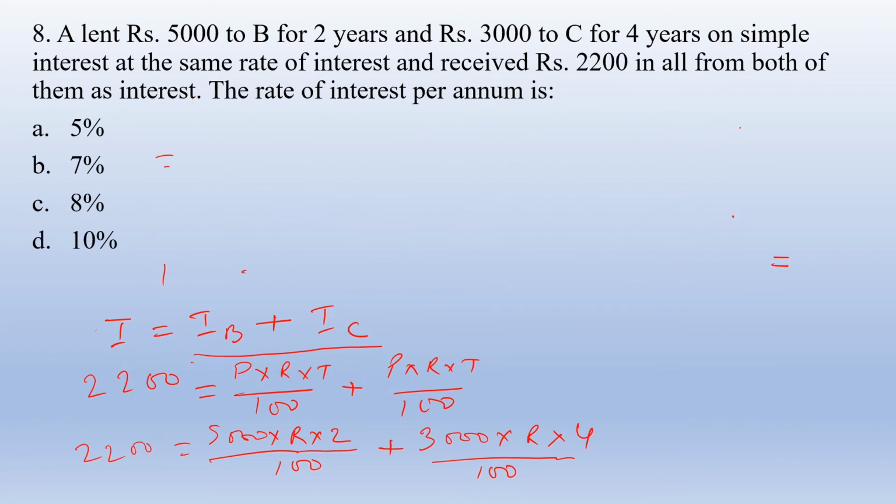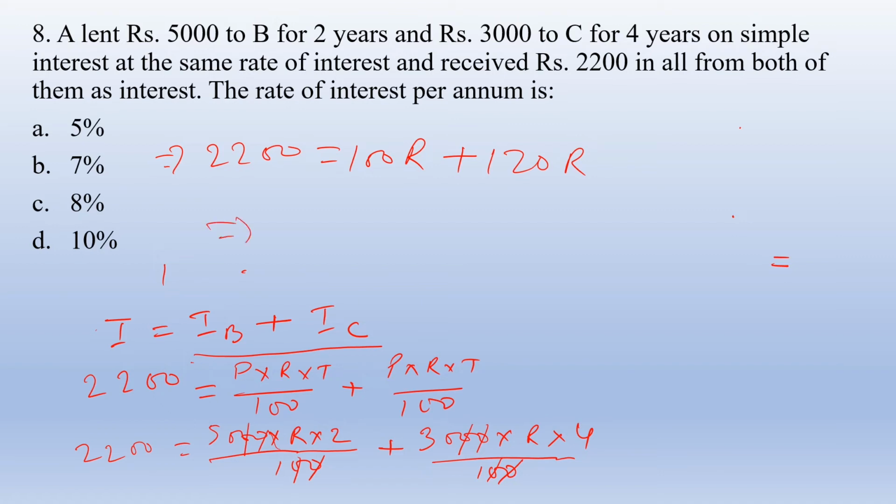So from here it follows 2,200 equals, this 0 and this 0 will cancel, so 50 multiplied by 2 equals 100R, plus this 0 will cancel with this 0, 30 multiplied by 4 equals 120R.